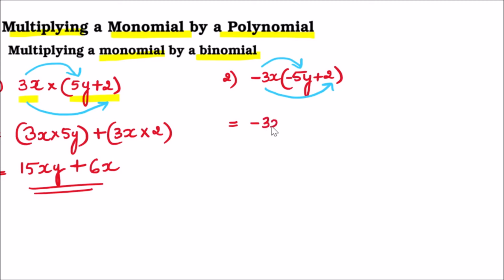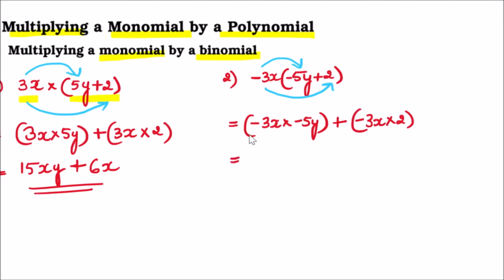Minus 3x into minus 5y. So this we will group into one bracket. Then there is plus sign, isn't it? So plus of minus 3x into 2. So he is sharing his tiffin box both with 5y and 2.